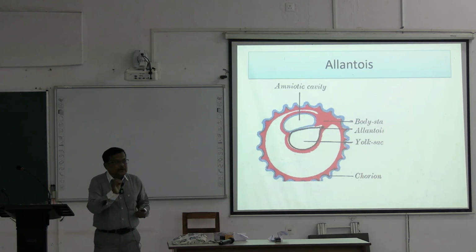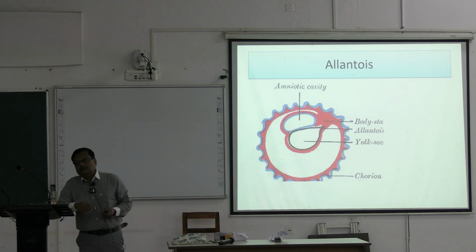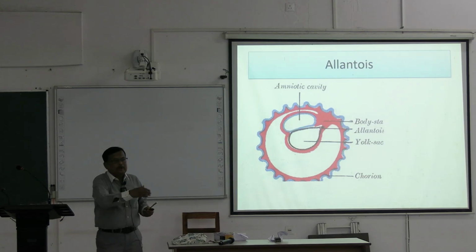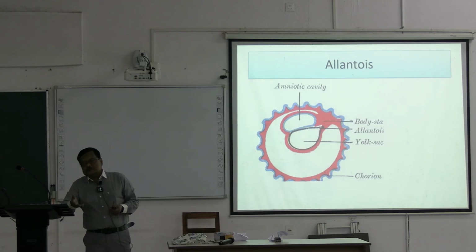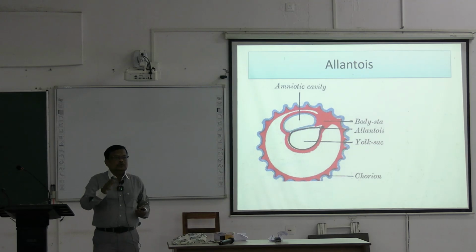So loosely we can call the GI system developed from the endoderm. But it is only partly true. Only the lining membrane is developed from the endoderm, but the other tissues are developed from the mesoderm. Muscles, nerves, vessels, connective tissue develop from the mesoderm, right?